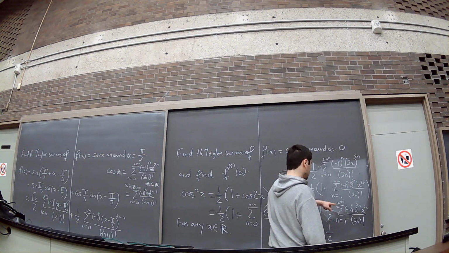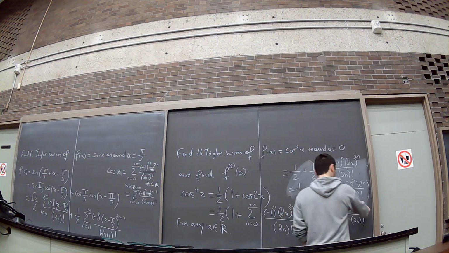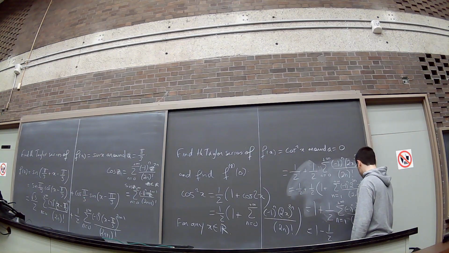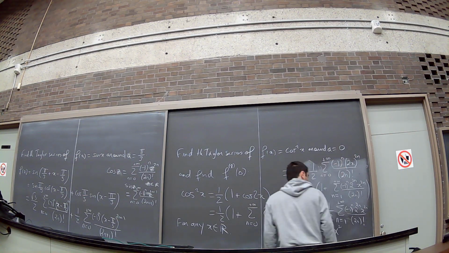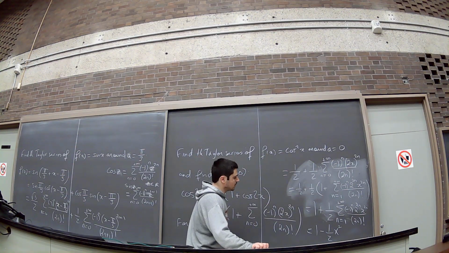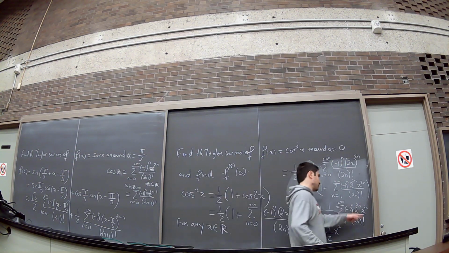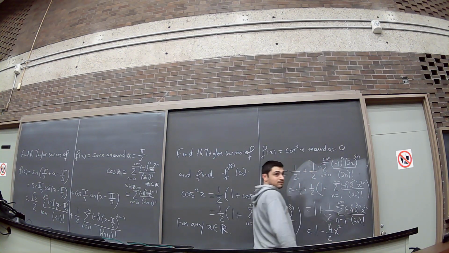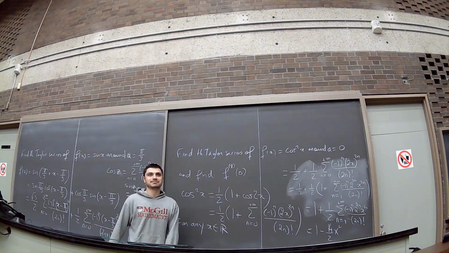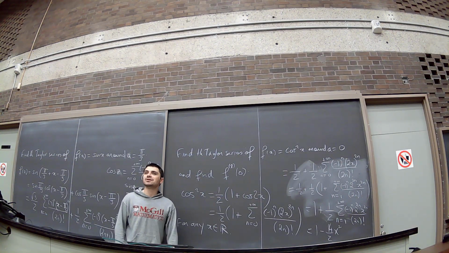With n equal 1, you get 2 squared, so you get 4 over 2. How did I know it's wrong?